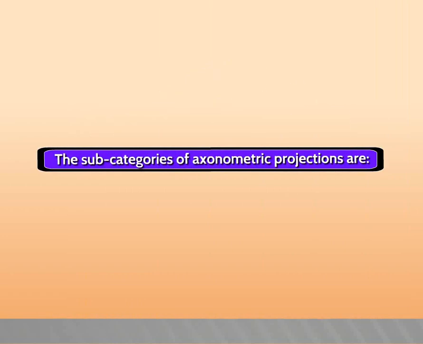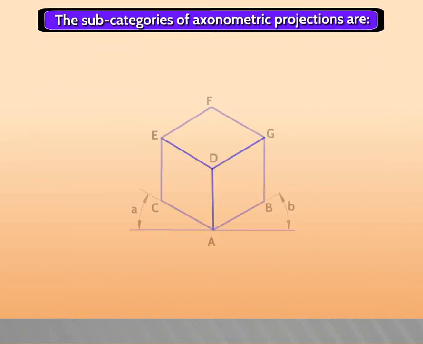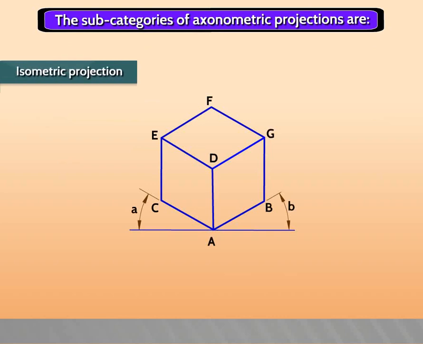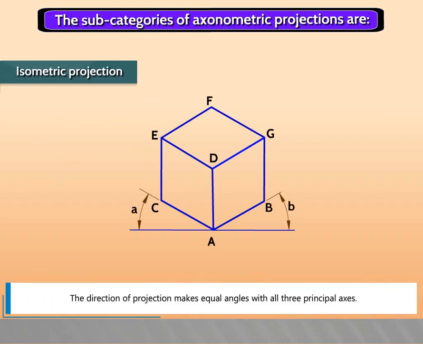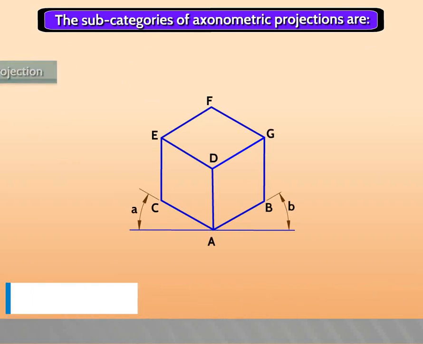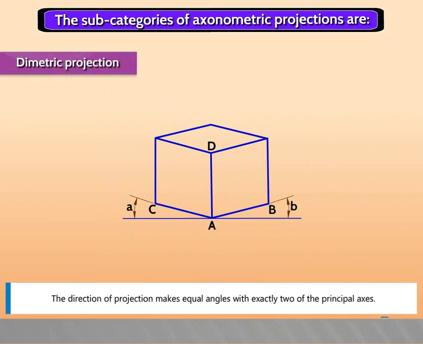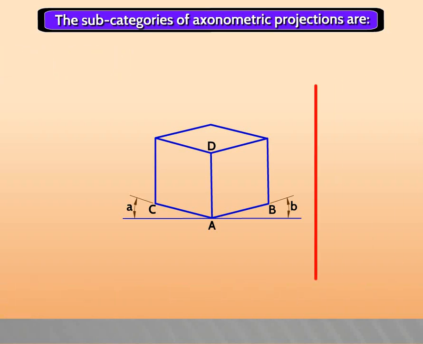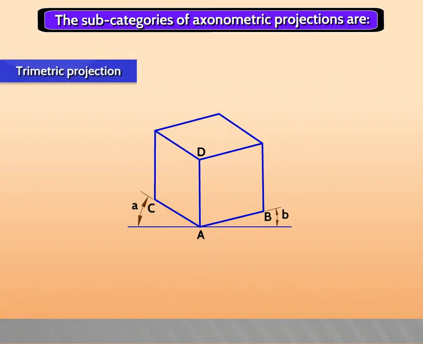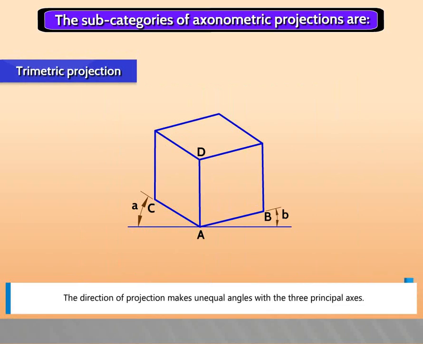The subcategories of axonometric projections are isometric projection, where the direction of projection makes equal angles with all three principal axes; dimetric projection, where the direction of projection makes equal angles with exactly two of the principal axes; and trimetric projection, where the direction of projection makes unequal angles with the three principal axes.